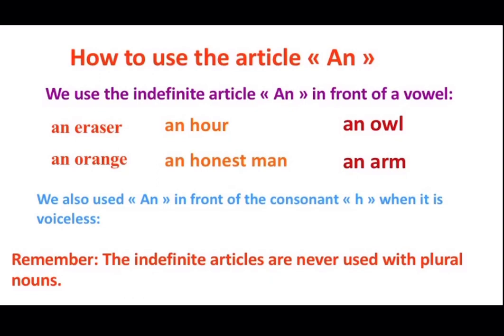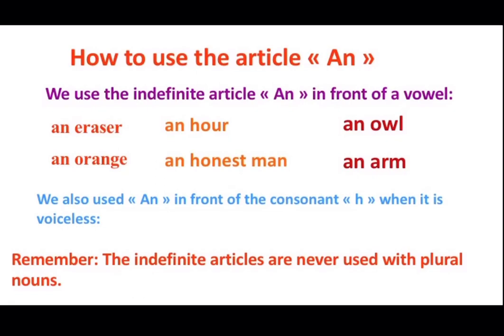Children, we also use an in front of the consonant H when it is silent. So, we have put an hour because H is silent. An honest man. Again, H is silent. An owl. An arm.